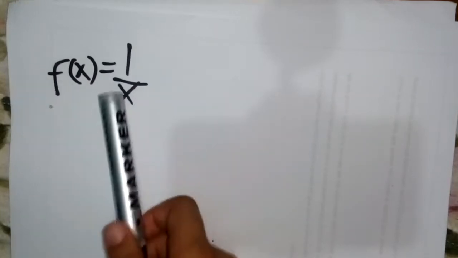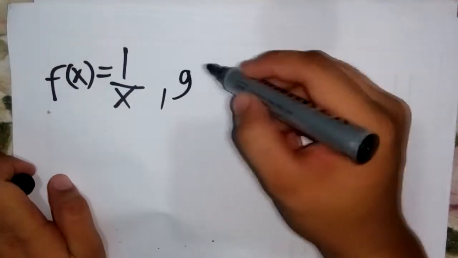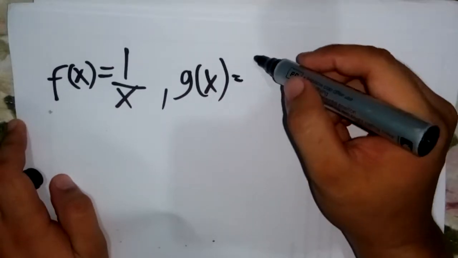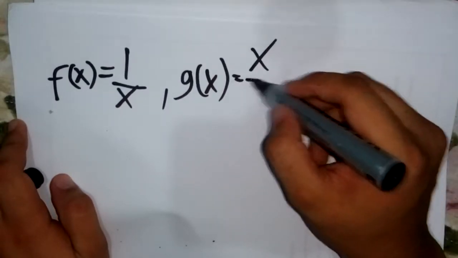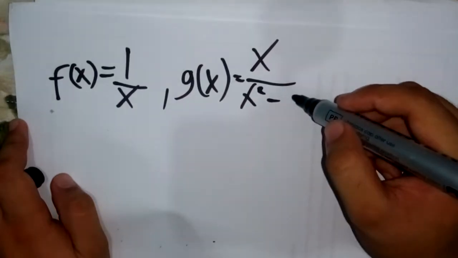For some examples, I'll show you some given that are rational functions. These are rational functions. f of x equals 1 over x. Another is g of x equals x over x squared minus 9.